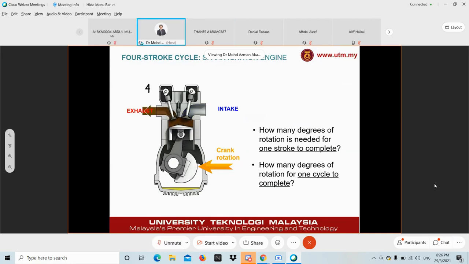So, that's just a question to make sure that you totally understand what's the difference between 180 and 720, between 1 stroke, 4 strokes, and 1 cycle. Because later when you do your test and also exam, these are some of the phrases that will be used. So in order to make sure that you totally understand the question, I just want to make sure that you are very clear on this one.